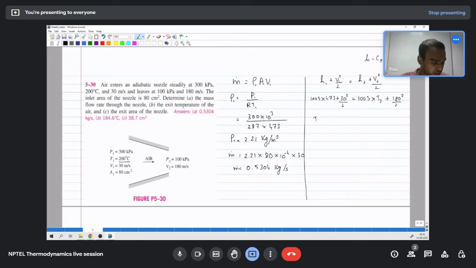So with this we can calculate T2, which is 1005 into 473 plus 30 square by 2 minus 180 square by 2, the whole by 1005. So T2 can be calculated.